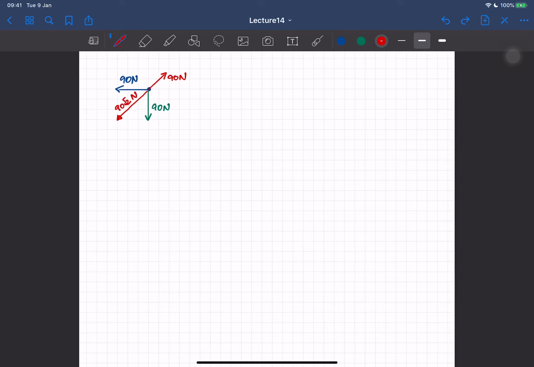So in the end, the force is pointing this way. The net force on Q2, which we call F2, is pointing that way, and the magnitude is equal to 90 root 2 minus 90, which is about 37 newtons, like this.